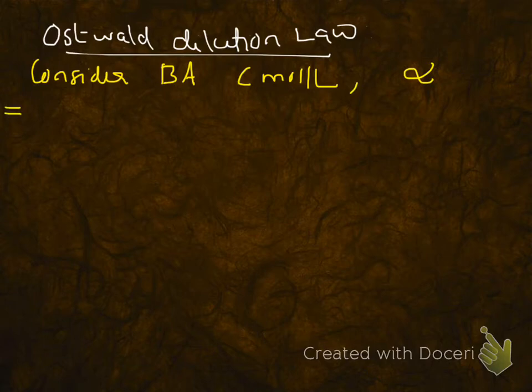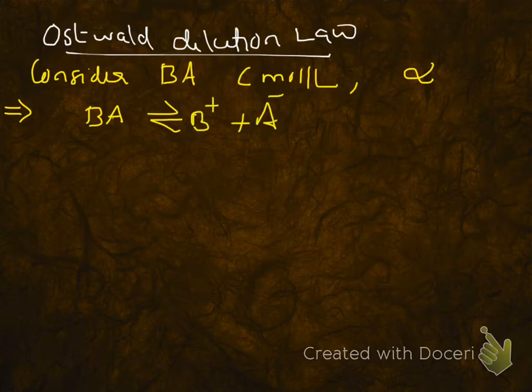According to Arrhenius' concept, the electrolyte BA in aqueous solution dissociates as B plus and A minus, into cation and anion. Suppose the initial number of moles is 1. Initial number of moles means the electrolyte is not dissociated yet. Then there are no ions and we can write it as 0.